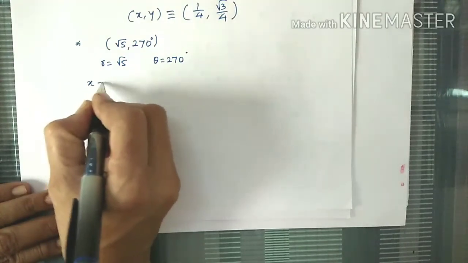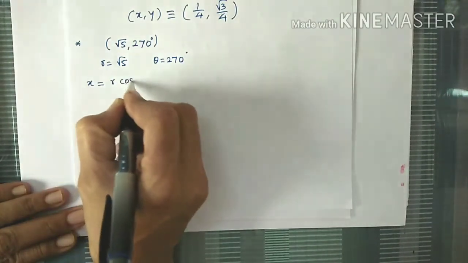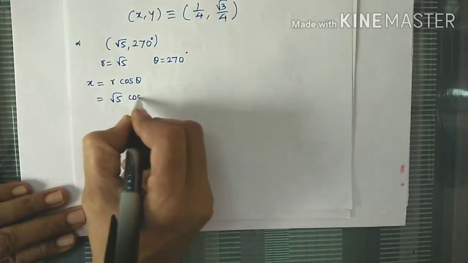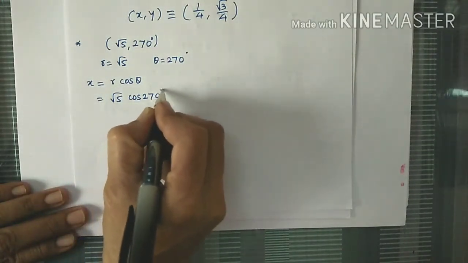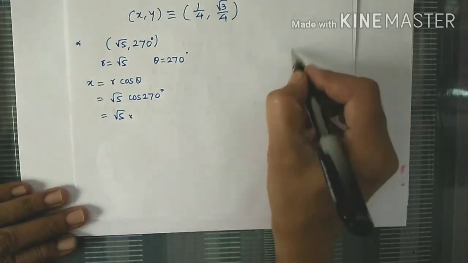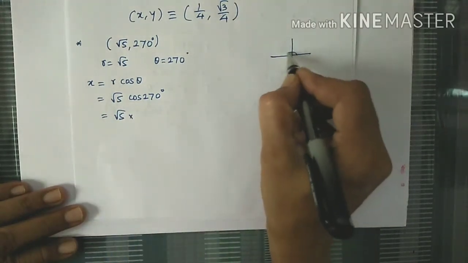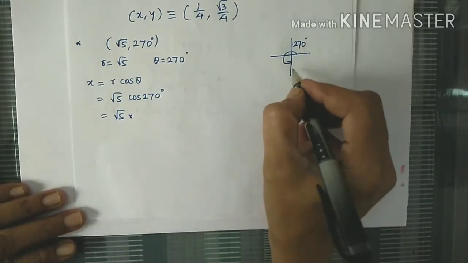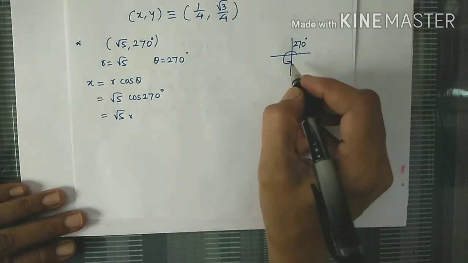So x is equal to r cos theta, that is root 5 cos of 270 degrees. Root 5 into cos of 270 degrees. This is 270 degrees. And cos of 270 degrees.